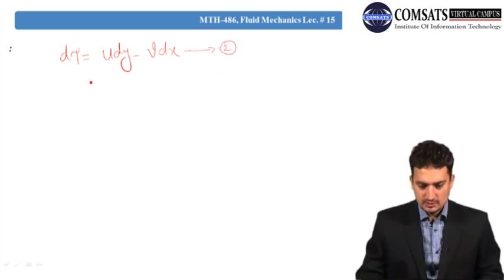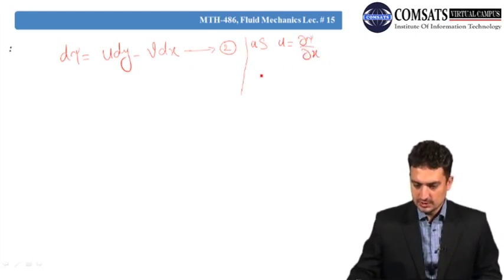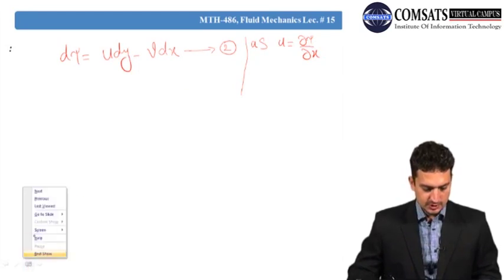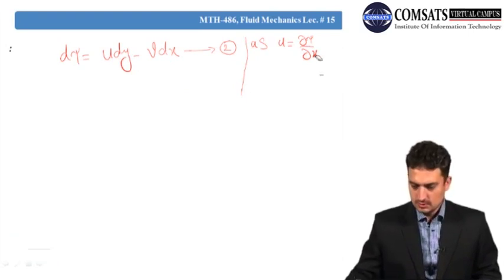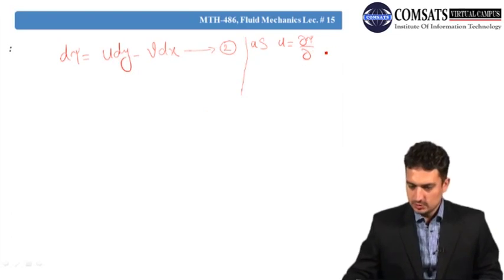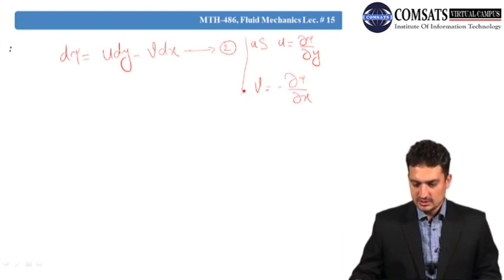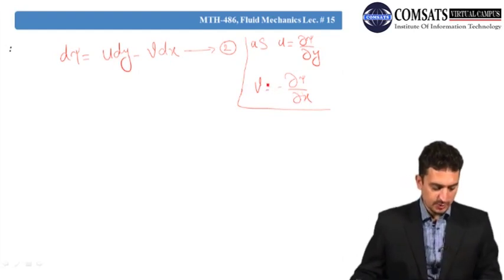You should know: u is equal to partial psi by partial y and v is equal to minus partial psi by partial x. So we substituted this here and computed this equation.